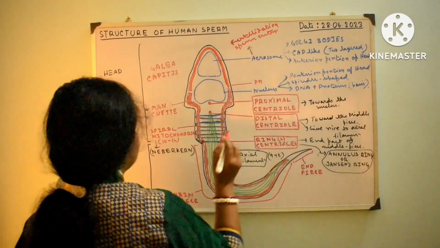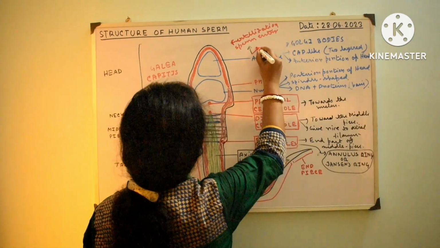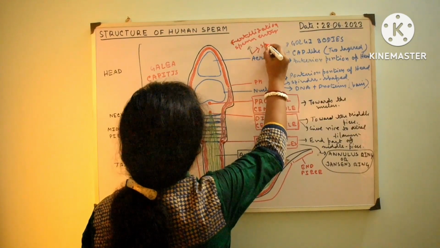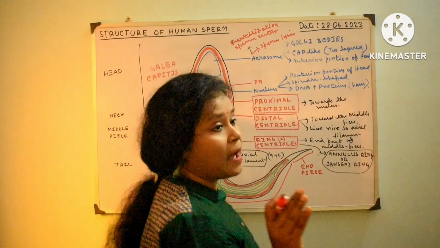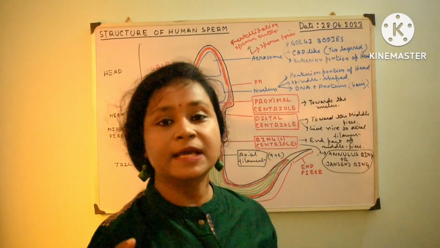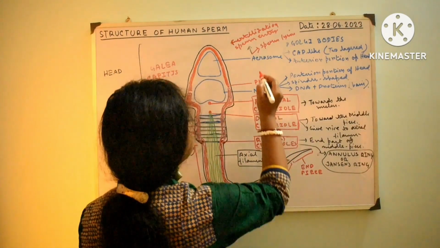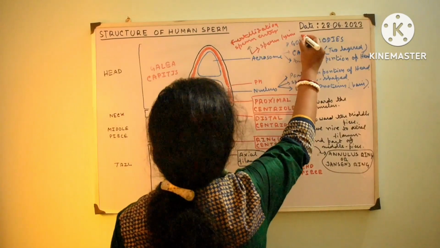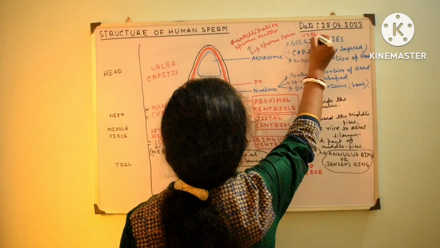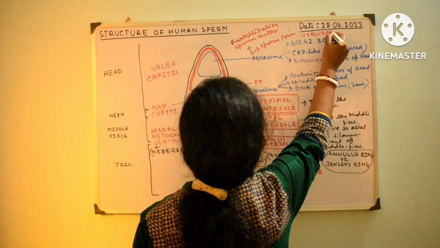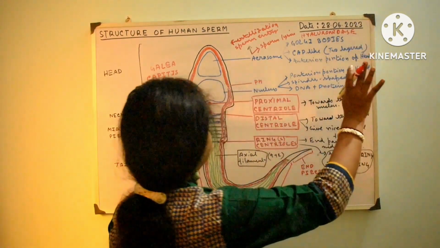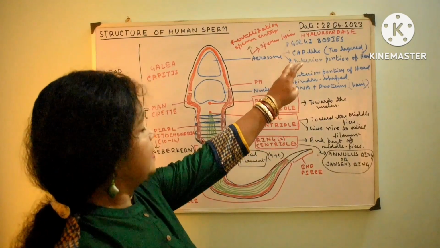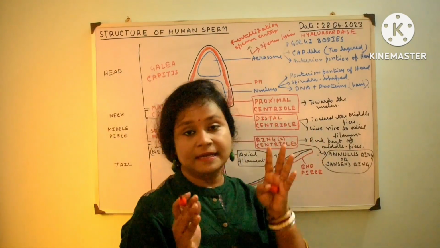And it releases an enzyme called sperm lysin. In mammals, it is known as the hyaluronidase enzyme. This enzyme helps at the time of fertilization.